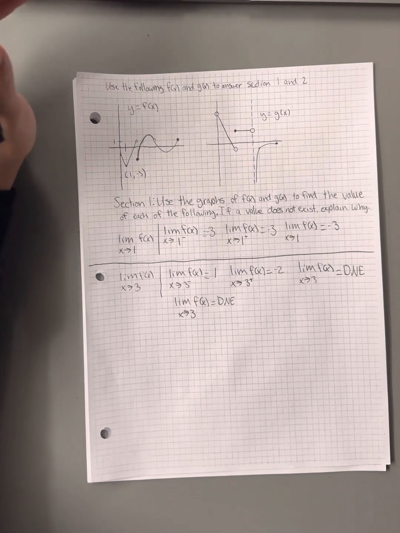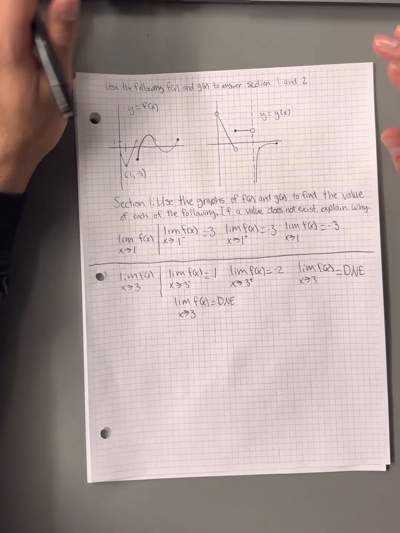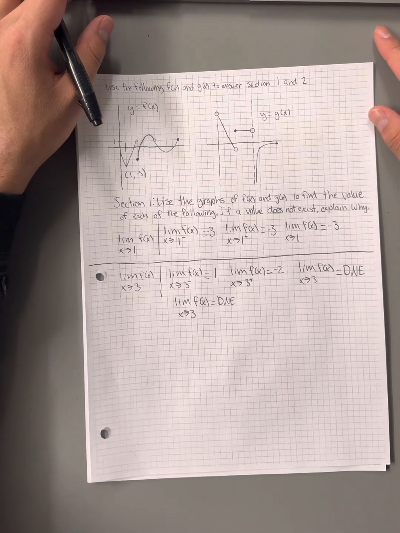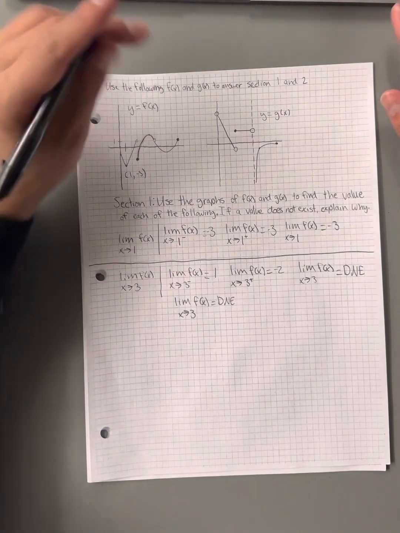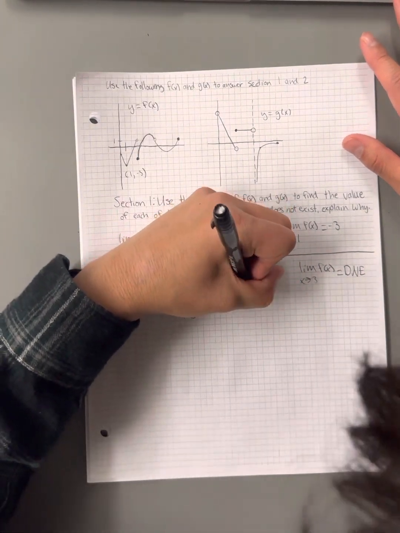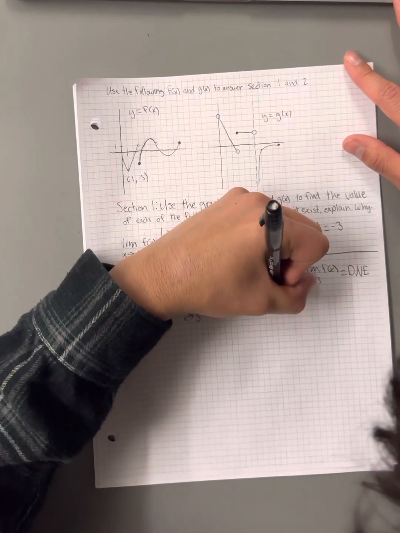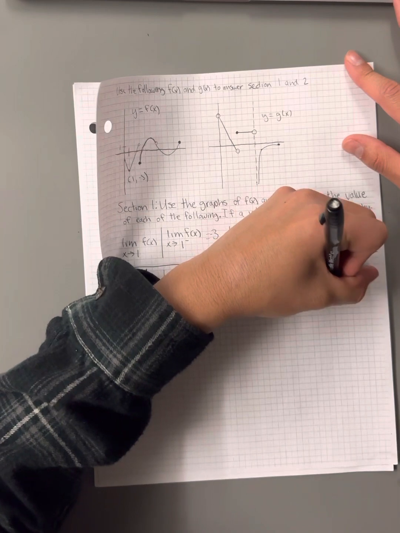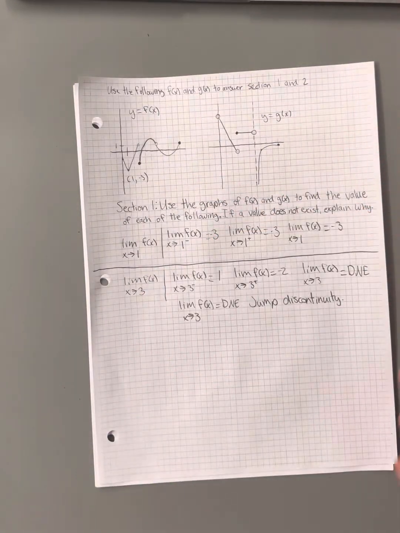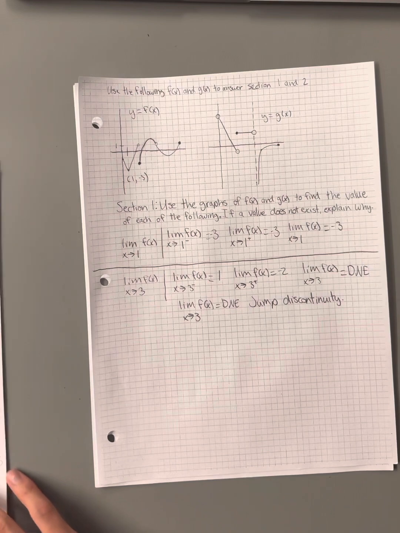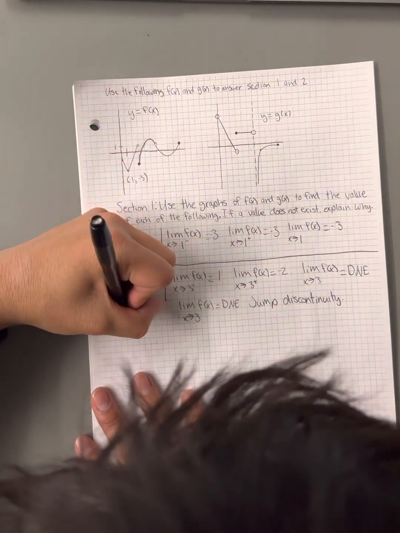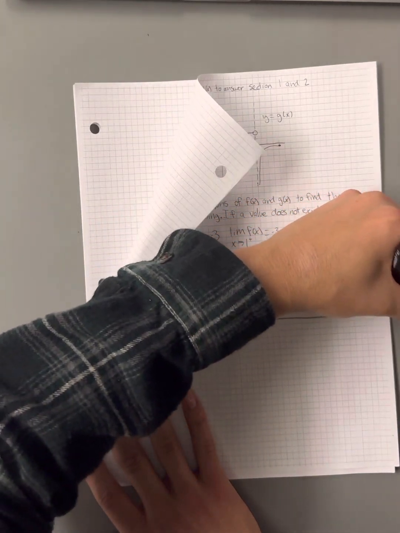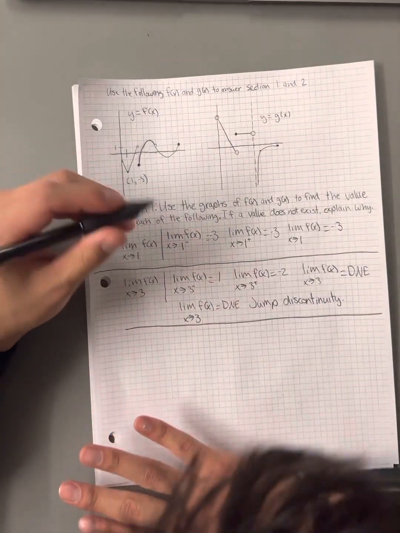You don't have a limit. We can't say that this limit is continuous. And that is because, again, we have a jump discontinuity. So that's okay. Not all the functions are going to have real limits.